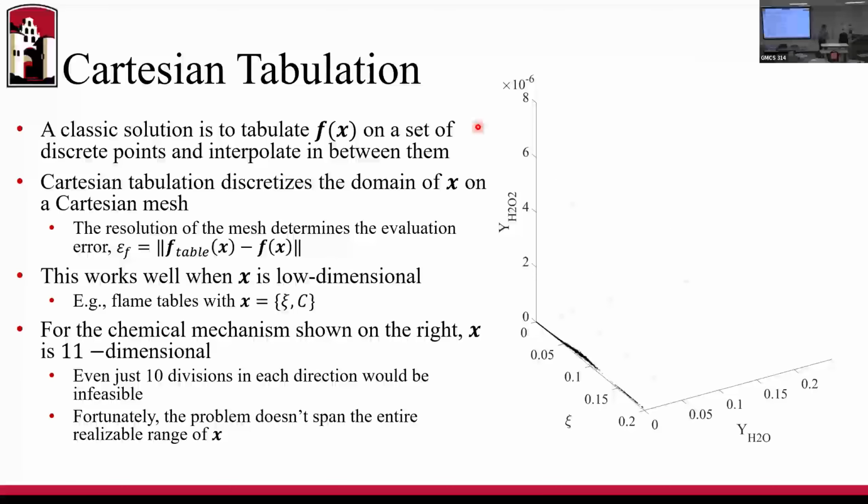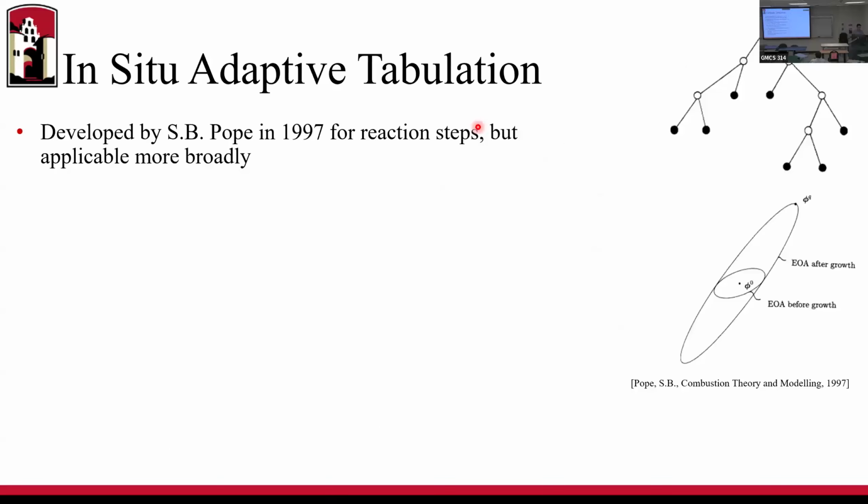So, a lot of times we tend to think of the actual part of the domain of X that is being accessed as lying on a lower dimensional manifold that is embedded into the fully realizable domain. And this brings us to the method of in situ adaptive tabulation.